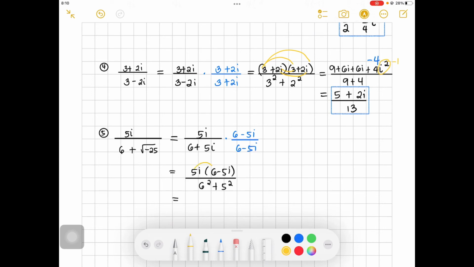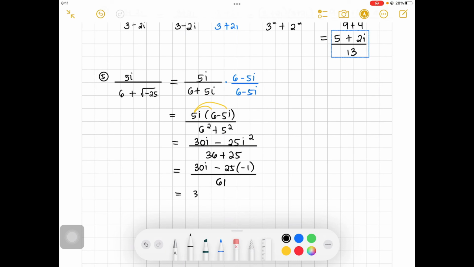For the numerator, we distribute. We have 30i minus 25i squared. Denominator, we have 36 plus 25. The numerator, 30i plus 25.